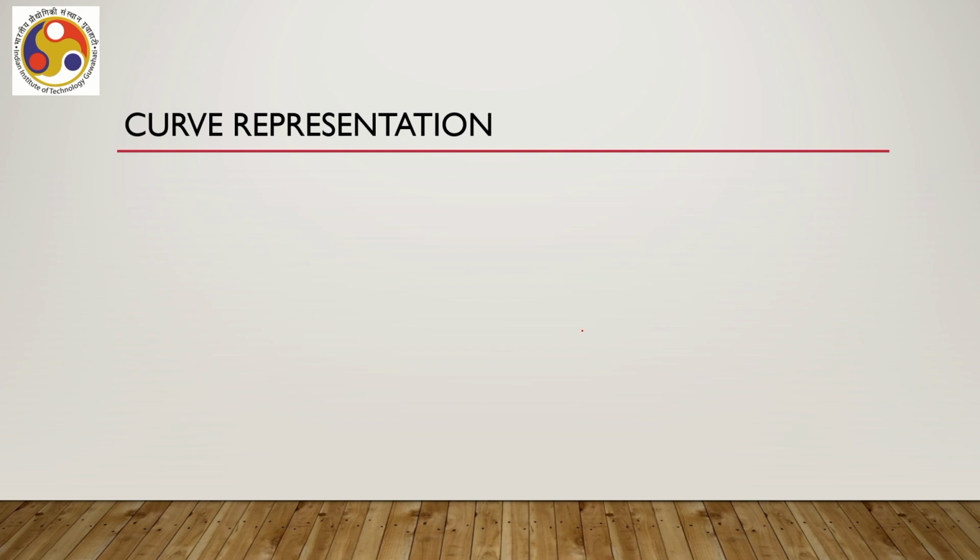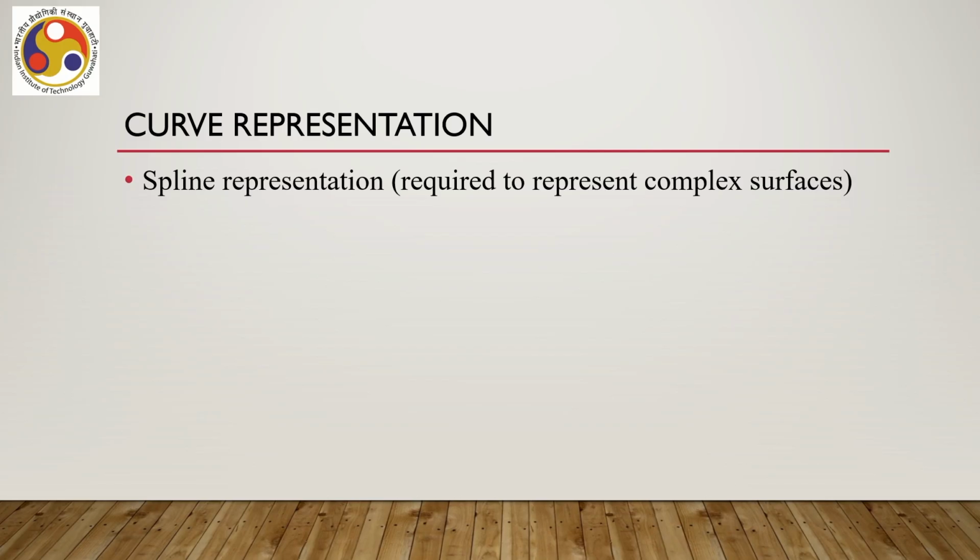Another way of representing curved surfaces or curves is the spline representation. So, this is a higher level representation typically preferred by developers or designers of scenes who want to create an artificial environment.